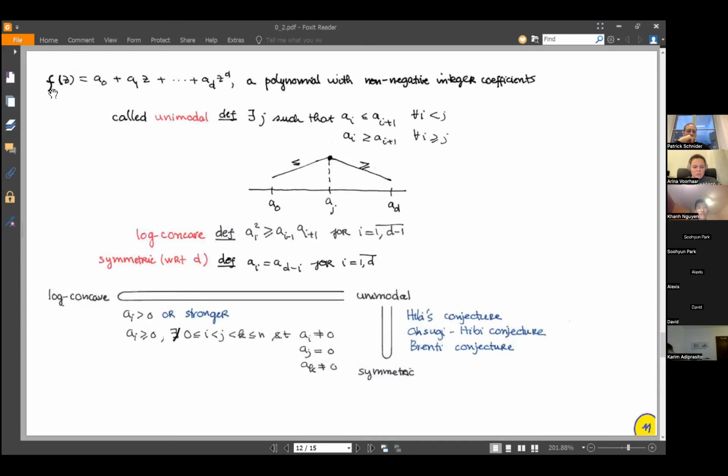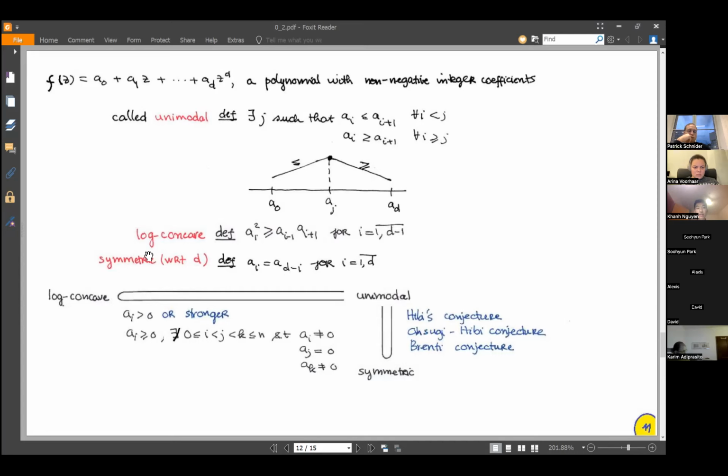So we call this F a unimodal polynomial if there is an index g such that ai is less than or equal to ai plus 1 for all i less than g, and ai is greater than or equal to ai plus 1 for all i greater than or equal to g.